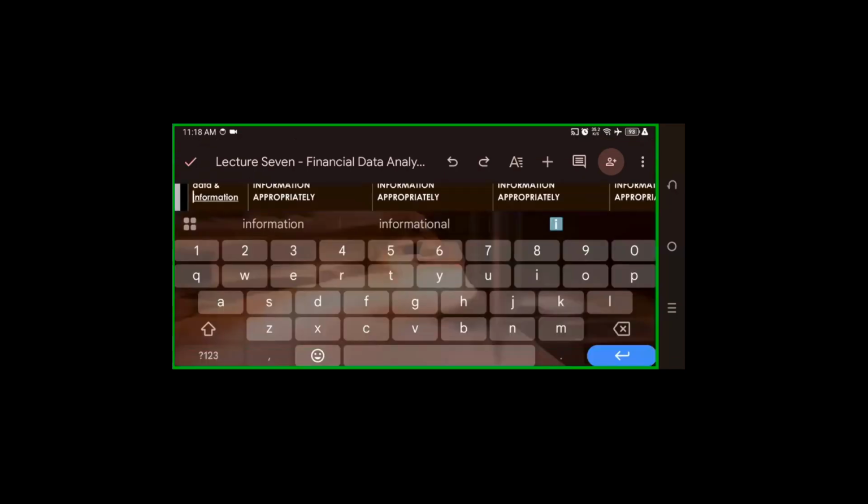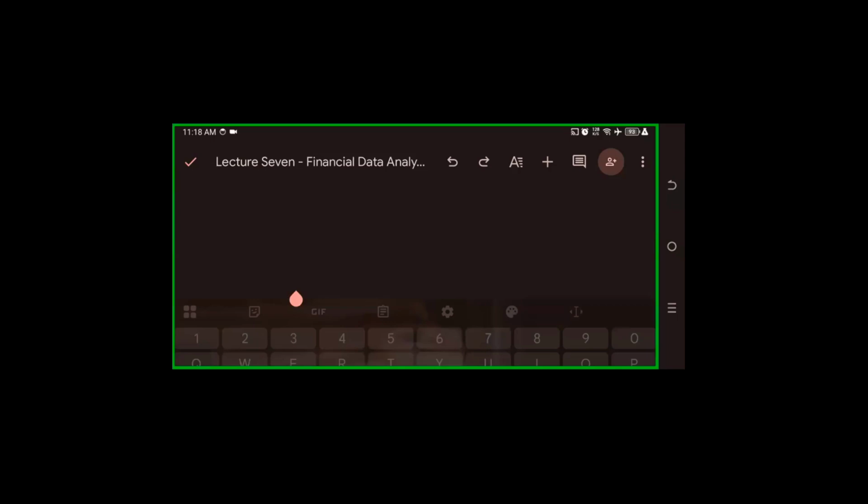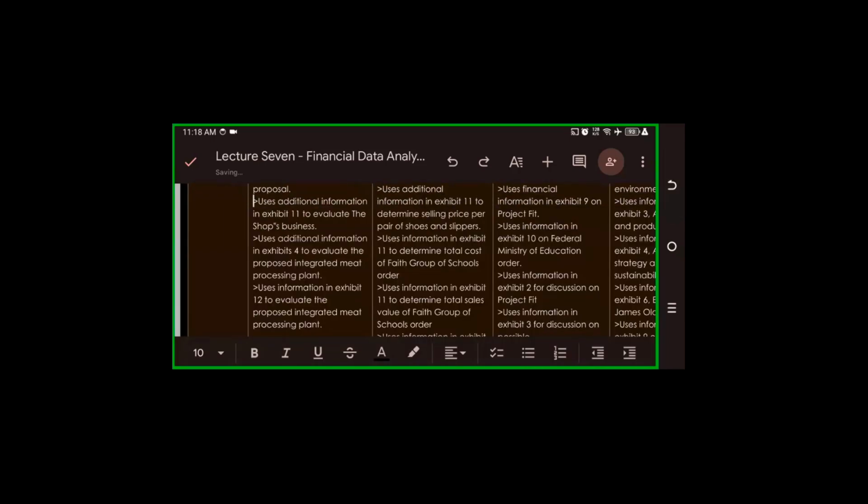Then it uses additional information in Exhibit 11 to evaluate the shop's business. Then uses additional information in Exhibit 4 to evaluate the proposed integrated meat processing plant.